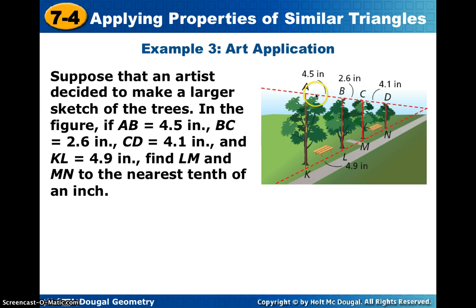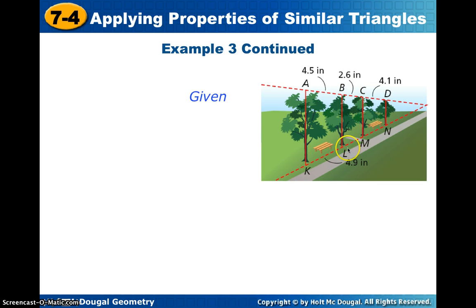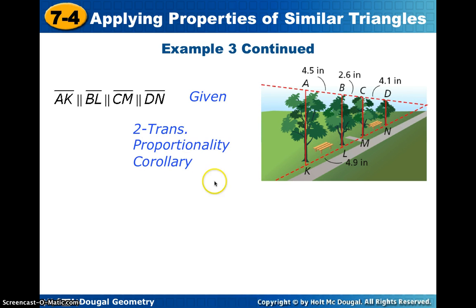So what we're going to have to do here is take the pieces of these sides, the 4.5 here on top and the 4.9 on bottom, and make a fraction of them, 4.5 over 4.9, and then we'll do the BC here and the LM. We'll find LM first. So we're given that all these are parallel.